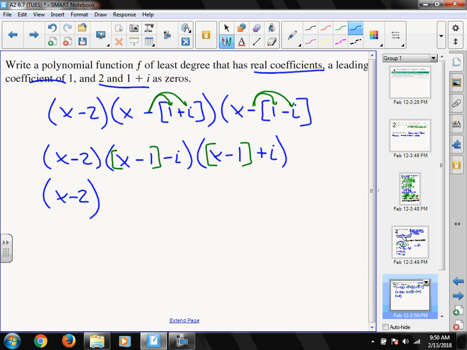The complex conjugate pattern is you take your first part, in this case our x minus 1, and you square it. You put a subtraction sign, and you square the second part, in this case i. There's your pattern. You always put a subtraction. Always.